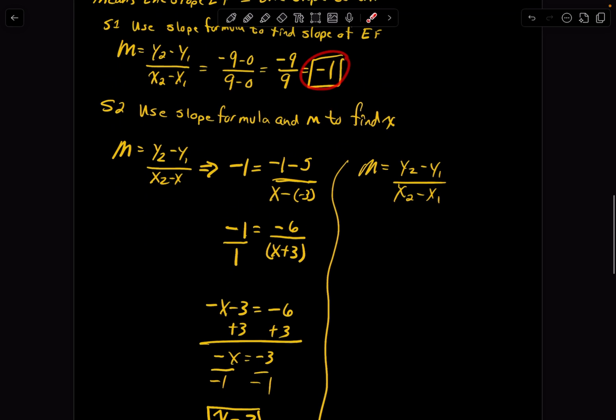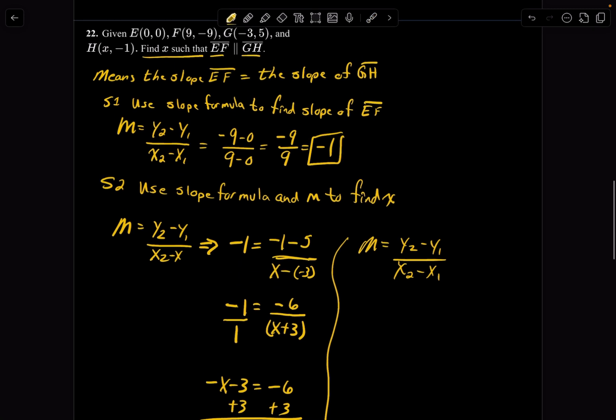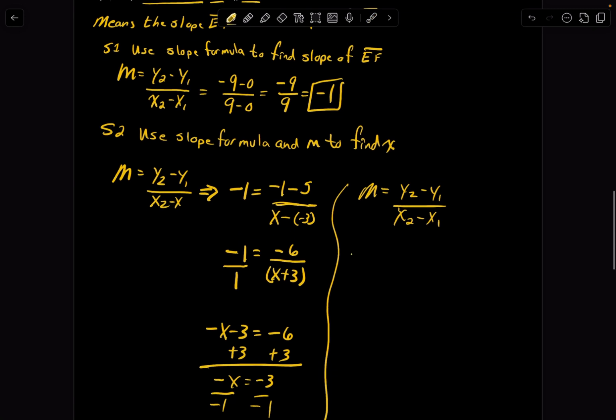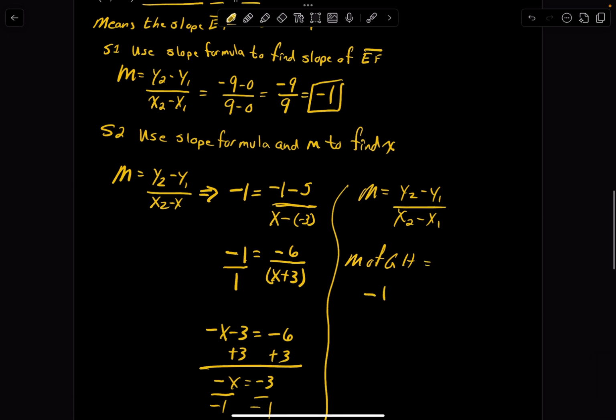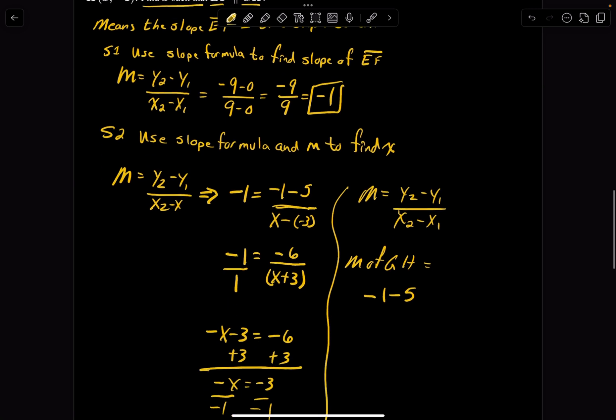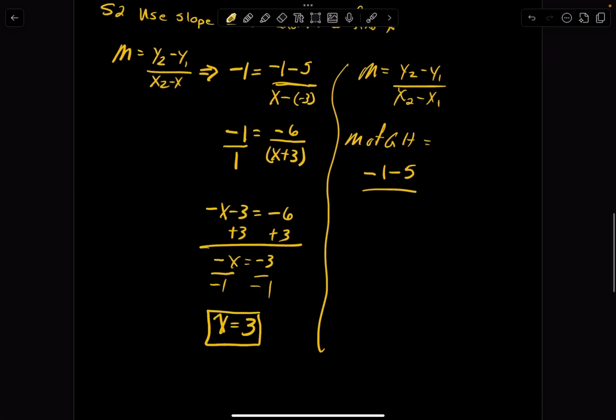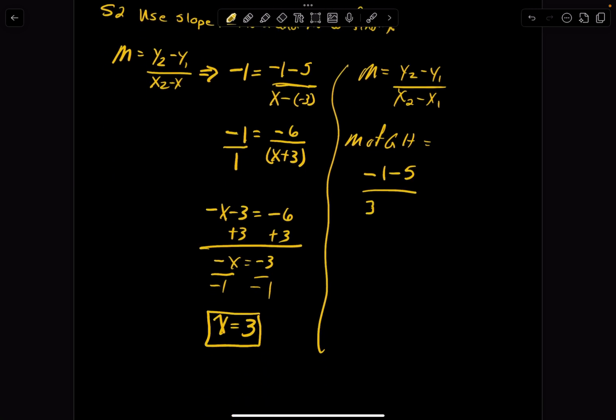We're going to find GH. So we're going to have M of GH equals Y2 is negative 1 minus 5 over, we just found 3, minus negative 3.